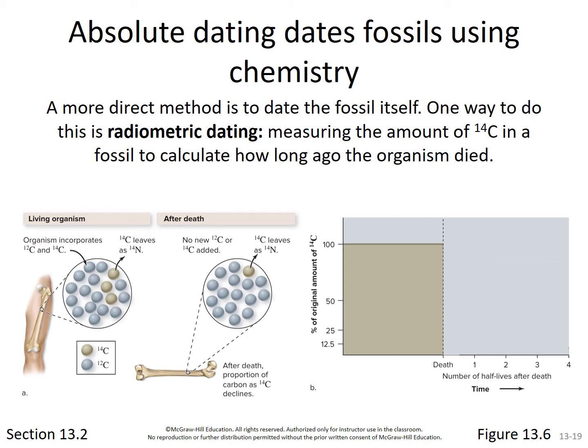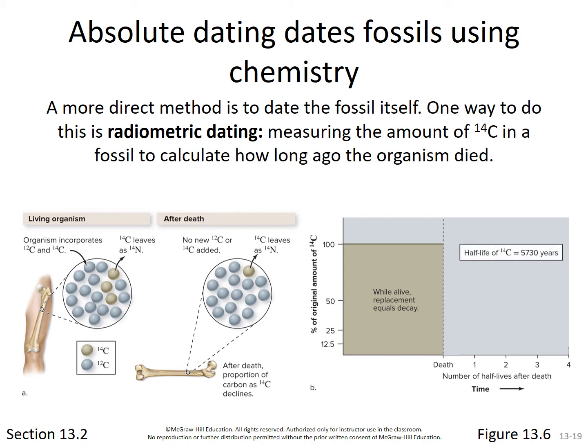Plants take in CO2 and make sugars from it, and so it spreads all the way up through the food web. So the percentage of 14 carbon in living organisms is about the same as it is in the atmosphere. While you're alive, replacement of 14 carbon will equal the decay rate of 14 carbon.